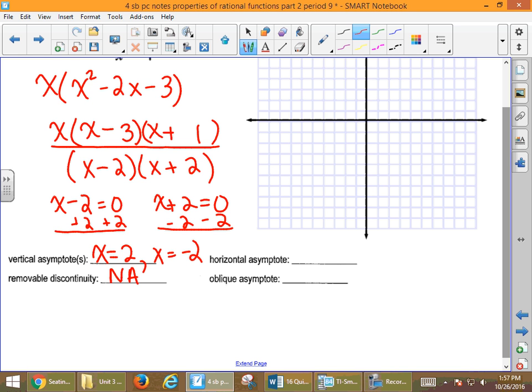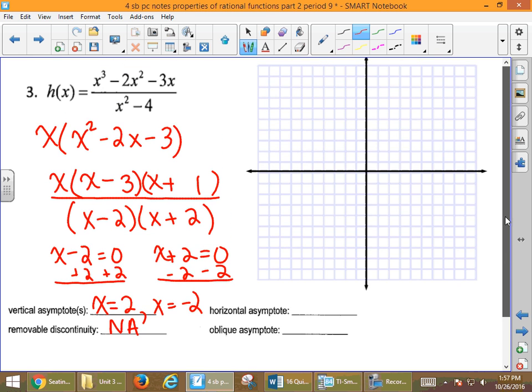If you prefer, write x equals plus or minus 2. So we've got a couple of vertical asymptotes, so let's go ahead and get that part graphed right now, while we're thinking about it. And negative 2.